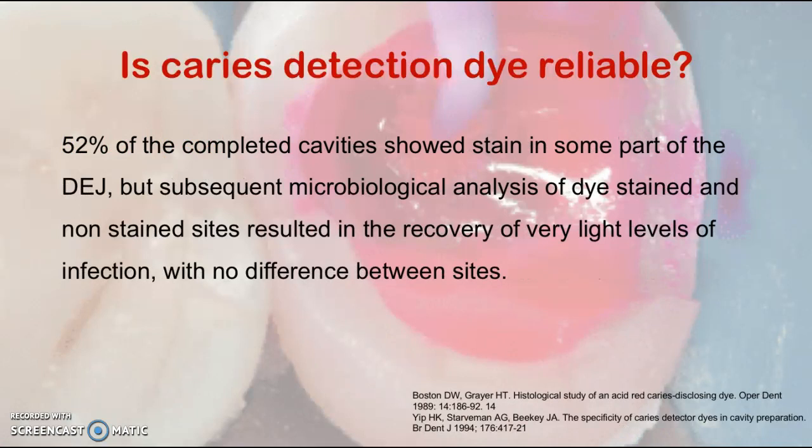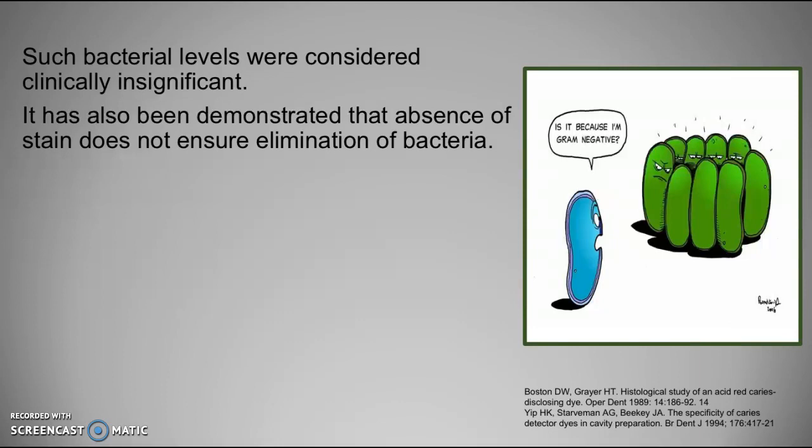And further, in their study, it was stated that 52% of the completed cavities showed stain in some part of the dento-enamel junction. But subsequent microbiological analysis of dye-stained and non-stained sites resulted in the recovery of very light levels of infection, with no difference between sites. Such bacterial levels were considered clinically insignificant.